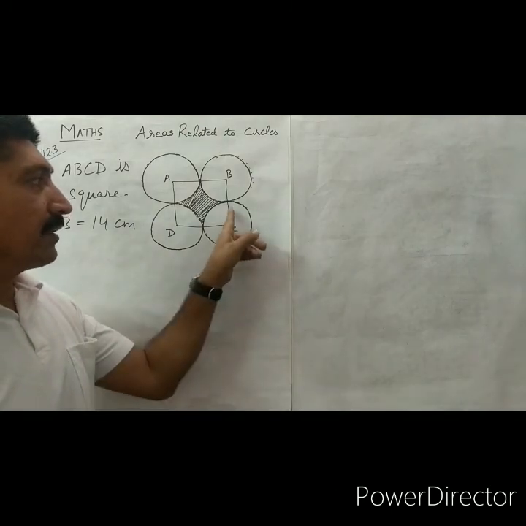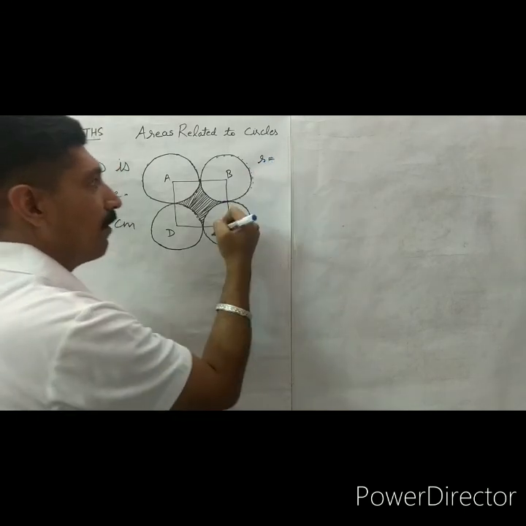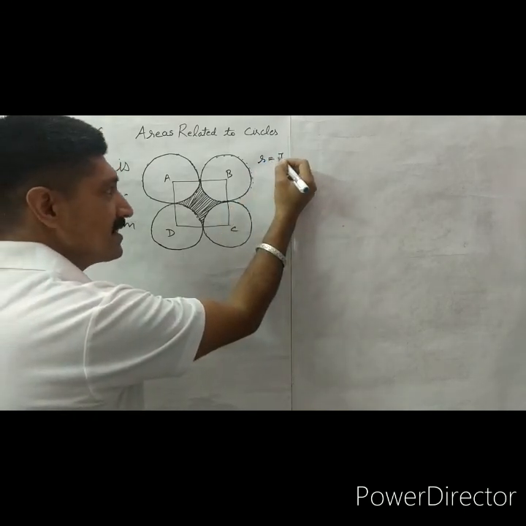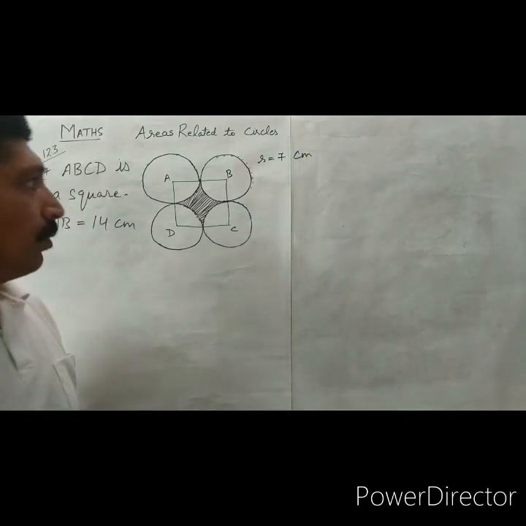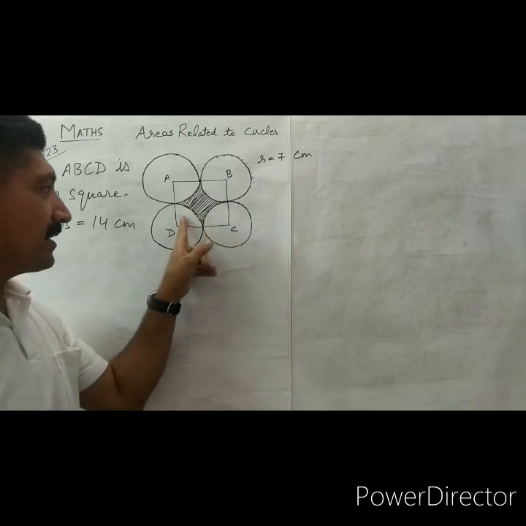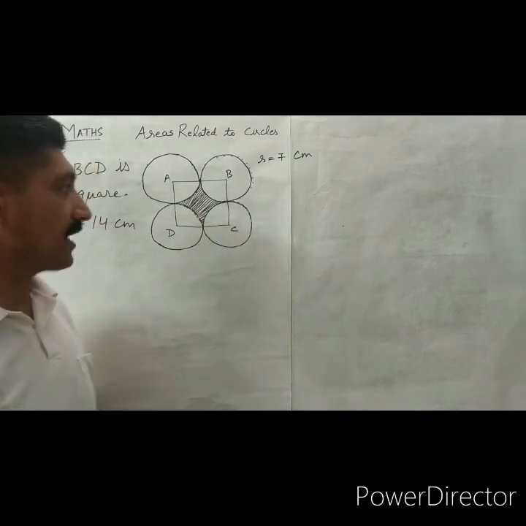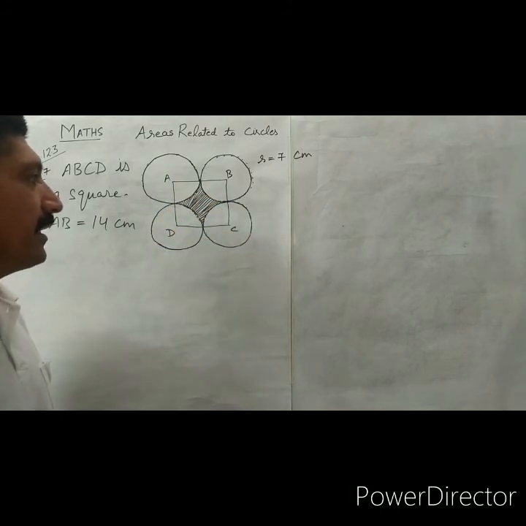So here the radius of all these circles is half of AB, that is 7 centimeter. Now all these parts are quadrants. As we know, all angles of a square are 90 degree.